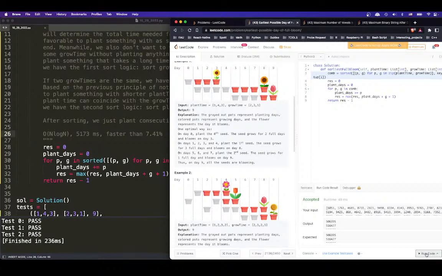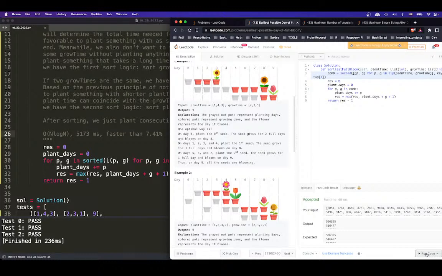Oh, we can just test. If we have the same grow time but different plant time, we know the plant time will be added together. It doesn't change. And then we have the end. Oh yeah, it doesn't really matter.